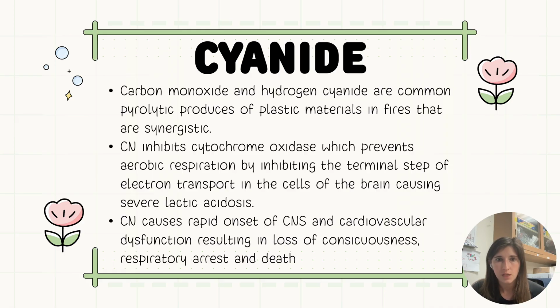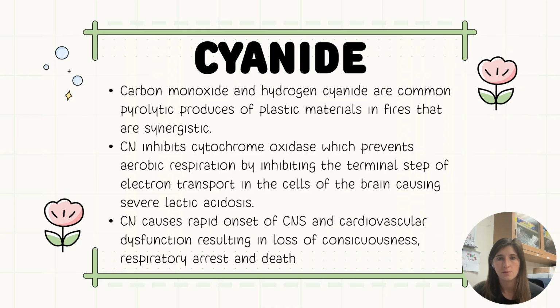Hydrogen cyanide is going to inhibit cytochrome C oxidase, and this is again going to prevent aerobic respiration by inhibiting the terminal step in the electron transport chain of the cells of the brain. This is going to result in severe lactic acidosis. Again, this relates back to our biochemistry, right? We have the cytochrome C oxidase, the electron transport chain, all of that. This is happening in the mitochondria, which are responsible for making most of the ATP that we use.